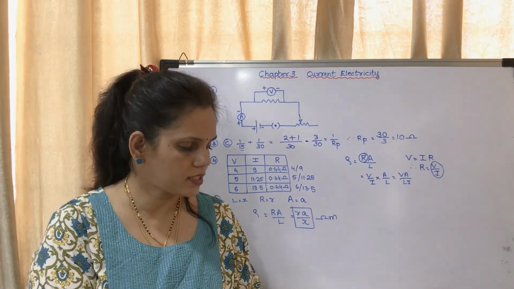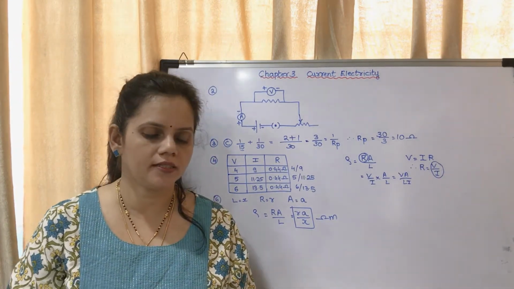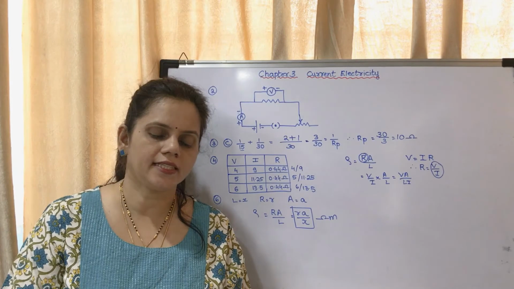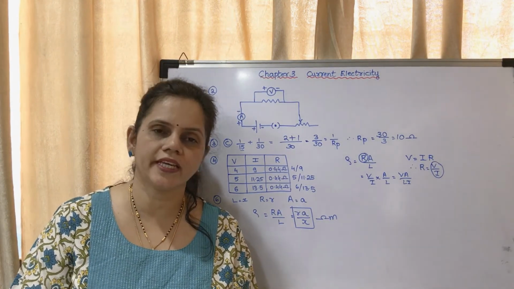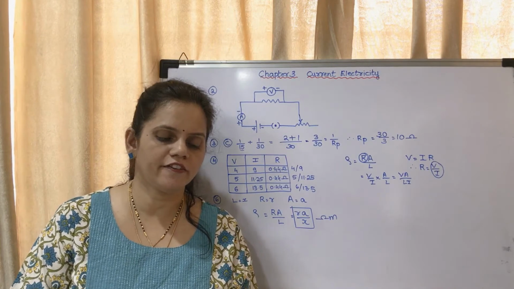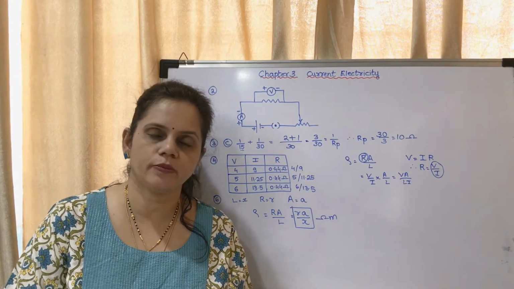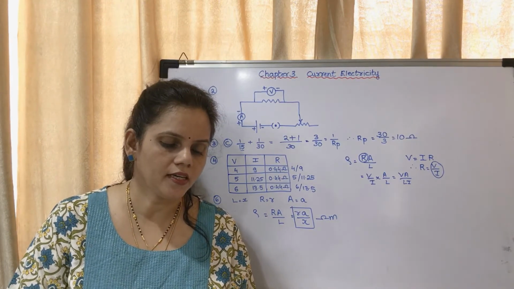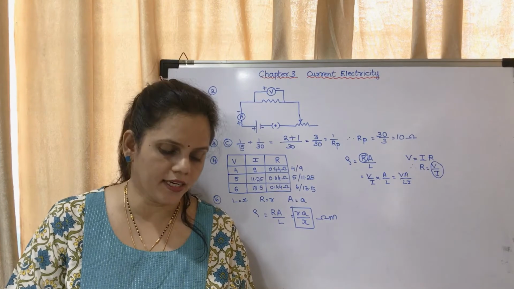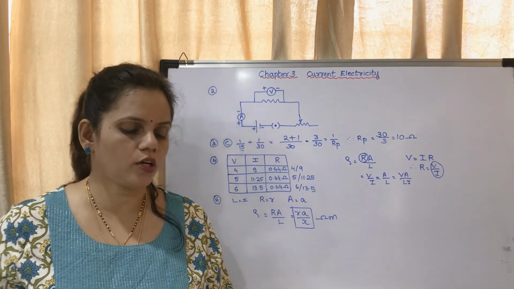Okay. Now the next question. Resistances R1, R2, R3 and R4 are connected as shown in the figure. S1 and S2 are two keys. Discuss the current flowing in the circuit in the following cases. Okay, so you may see the diagram. S1 is one key, S2 is another key. The first condition, both S1 and S2 are closed.